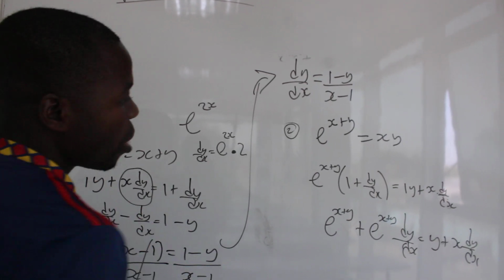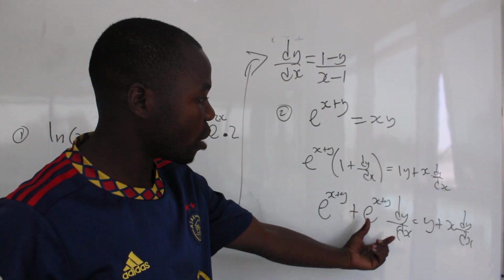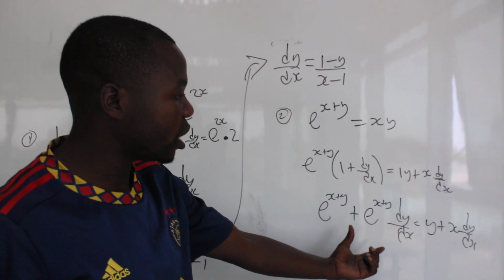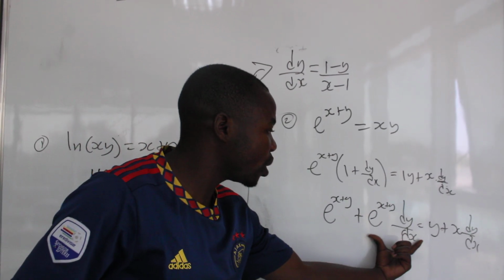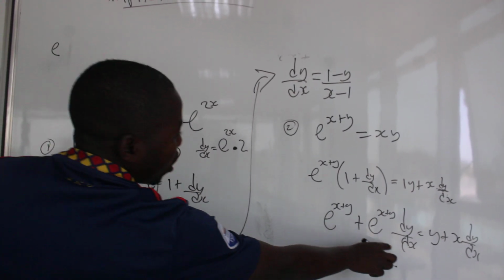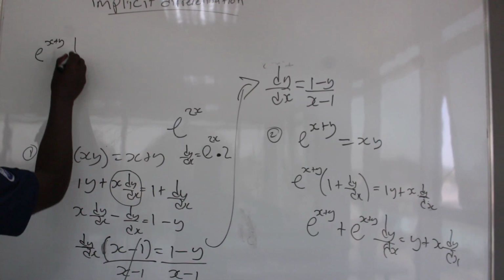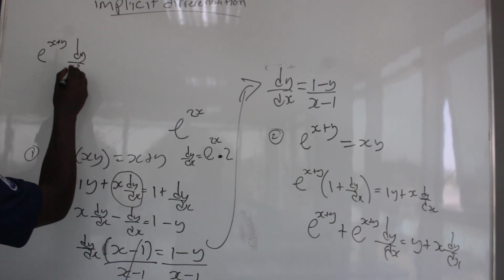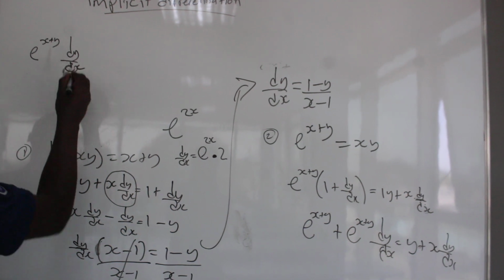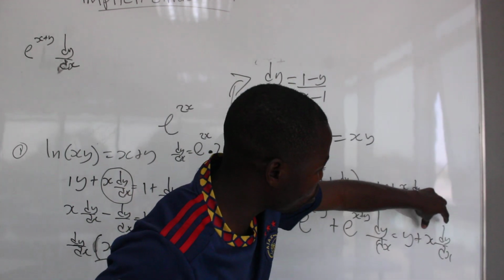I'll continue here. Since I'm looking for those expressions which have got dy/dx, I'm going to isolate. I'm looking for dy/dx. So I'm going to start writing by this. To write this one, it will be e^(x+y) dy/dx. Now, what you're going to do, this will cross the equals sign.